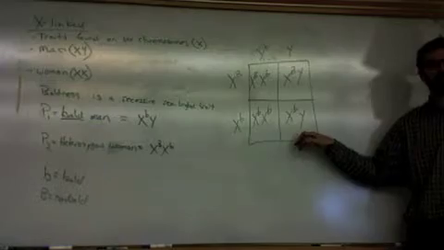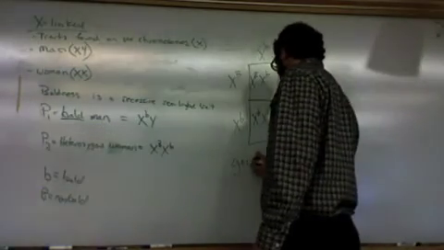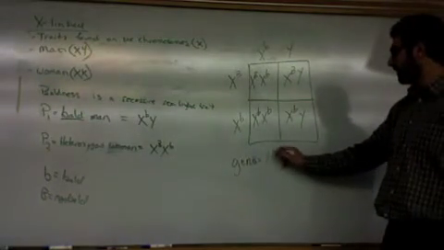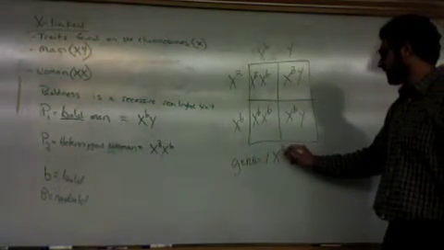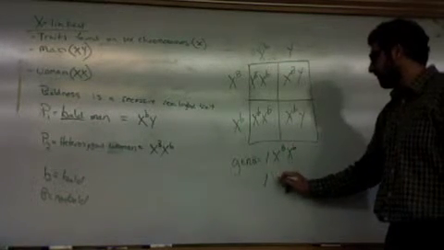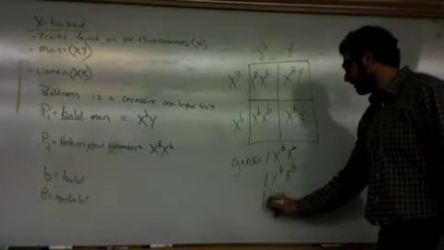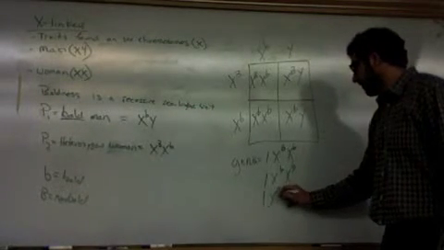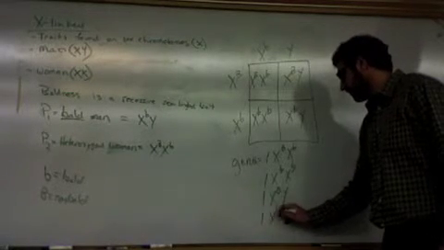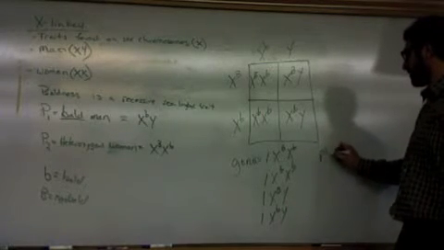So my genotype gets a little more complicated here. I have one heterozygous woman. I have one homozygous recessive woman. I have one non-bald man and one bald man. And then the last part is our phenotype.